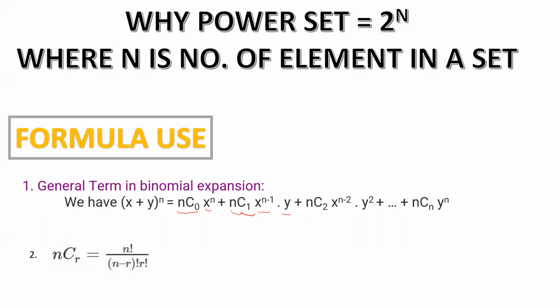Before proving this, I will take an example and then we will take the proof as well. Suppose we have a number of elements as 3. Let's suppose we have a set A containing the values 5, 6, 7, and we have to figure out the power set of this.